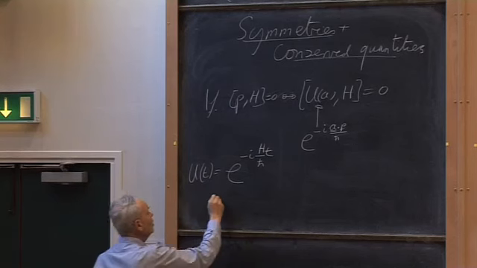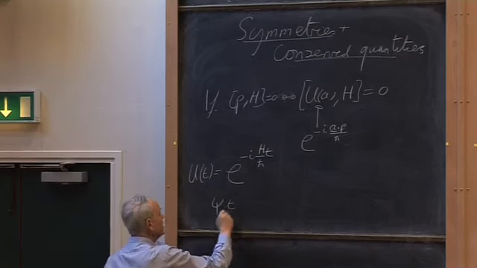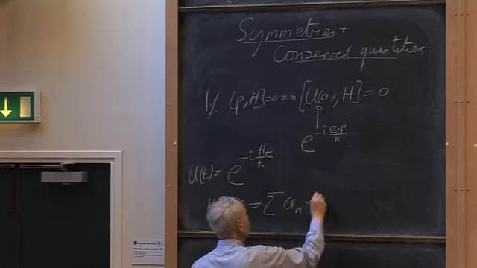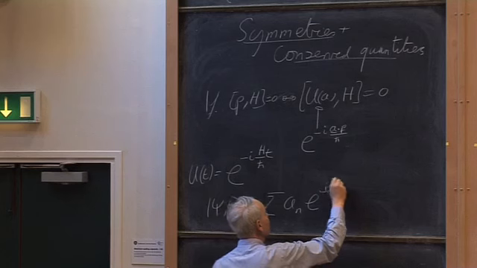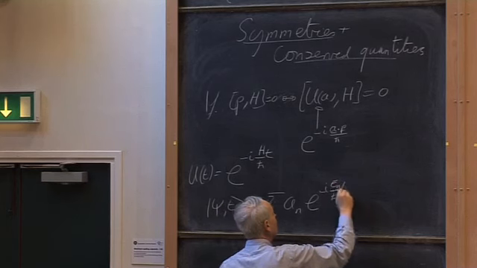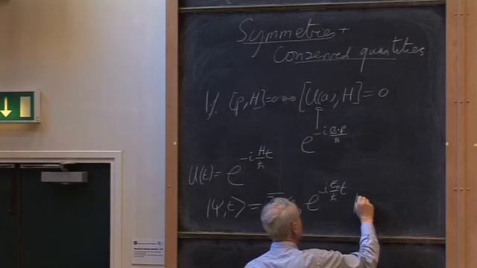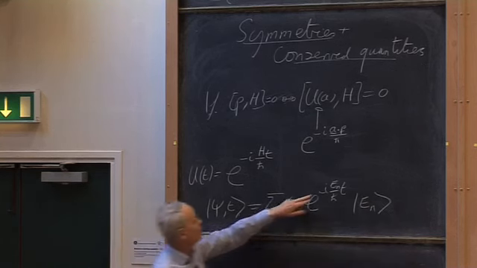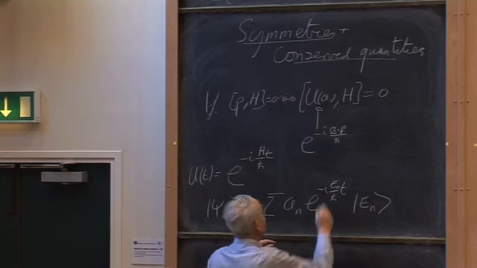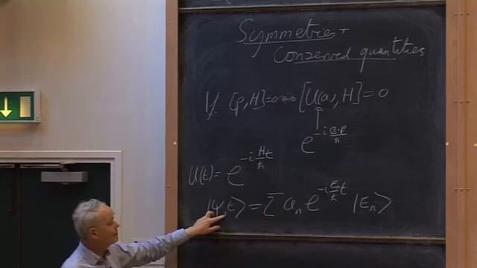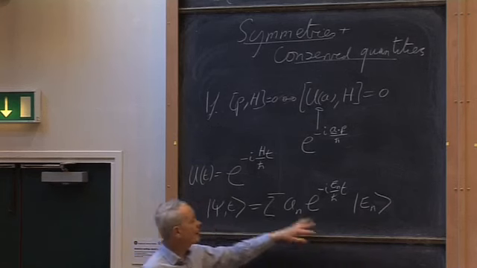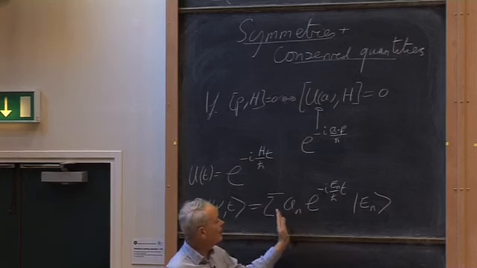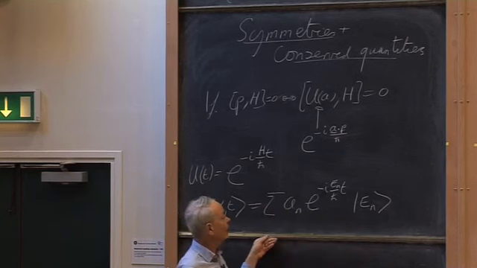Well, we already know that psi at time t is equal to the sum a_n e to the minus i E_n over h bar t times |E_n>, don't we? This is our standard means of solving the time-dependent Schrödinger equation: decompose the given state into a linear superposition of energy eigenstates at any particular time, for example at t equals 0, and then evolve by multiplying each term in this series by this exponential.